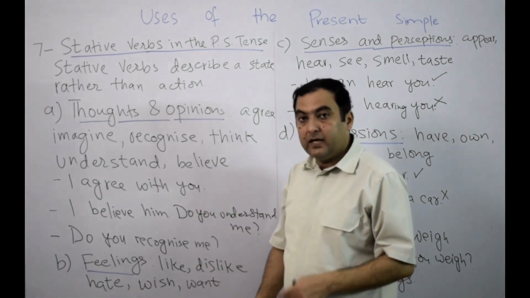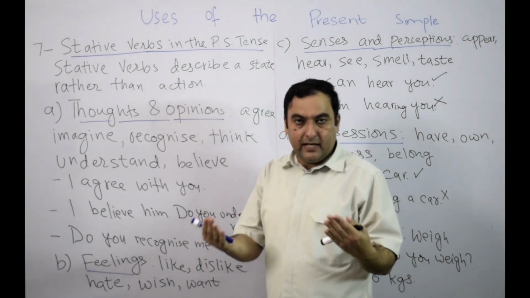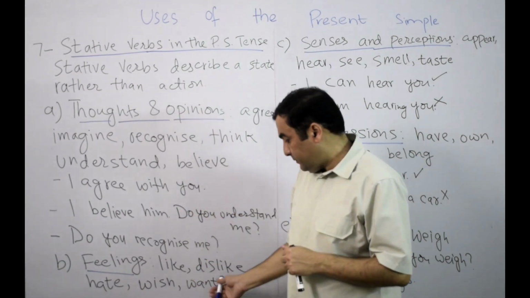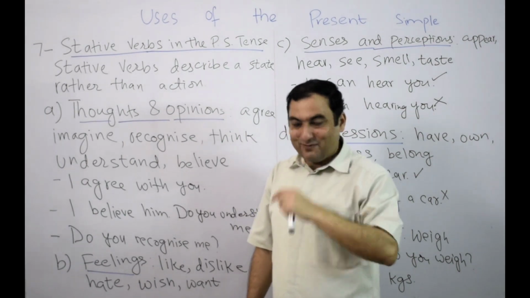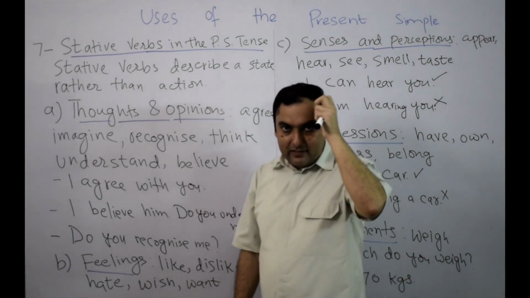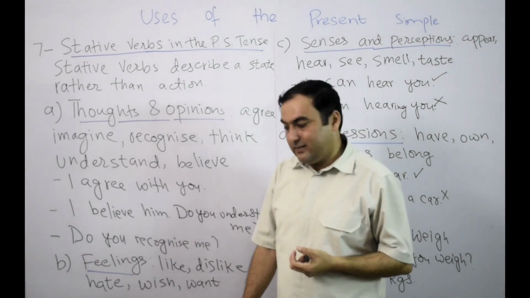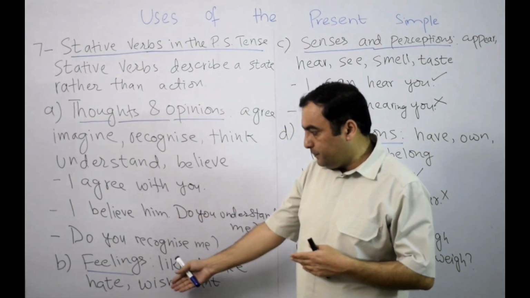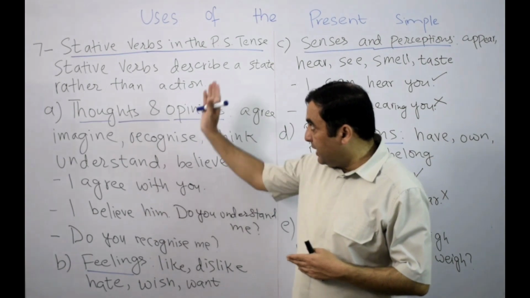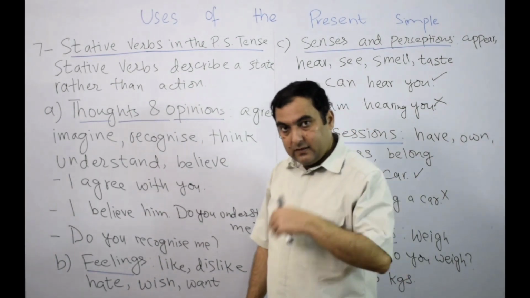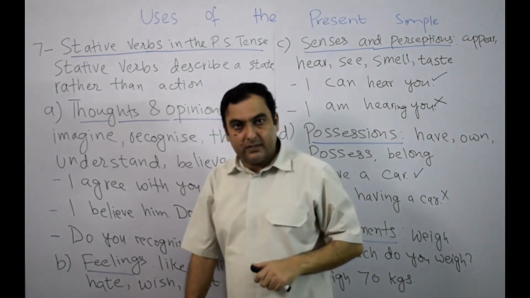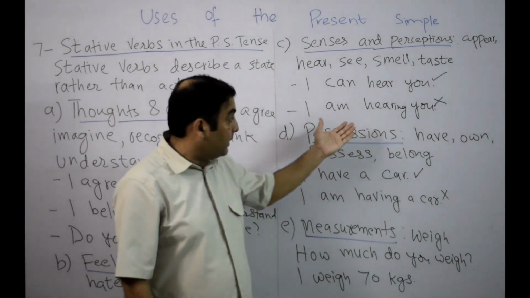For example, I say, I like English. Or I dislike English, for example. No, I'm sure you like English. If you had disliked it, you would not have been watching this. I hate that. So feelings are part of stative verbs, and stative verbs are used in the present simple tense.